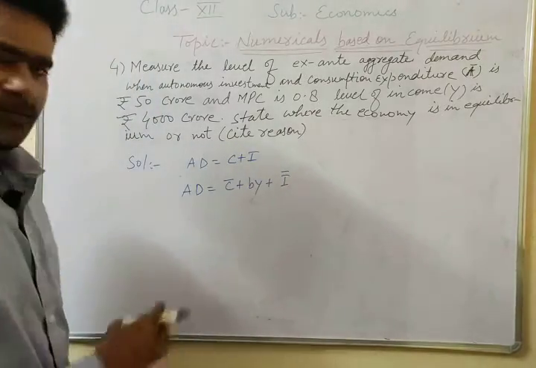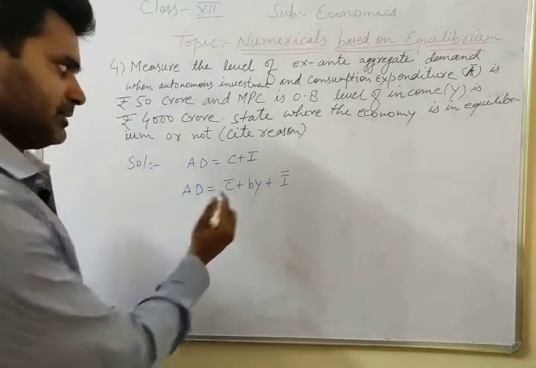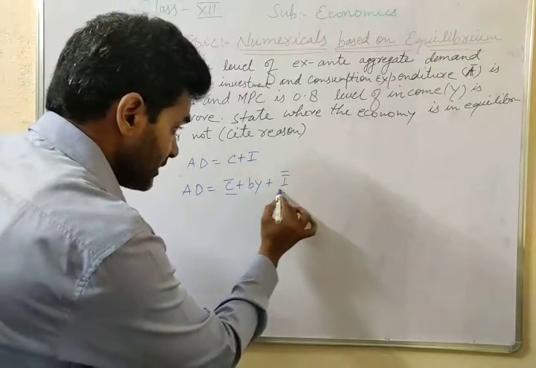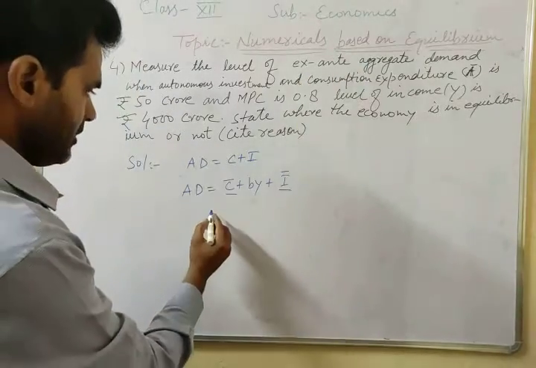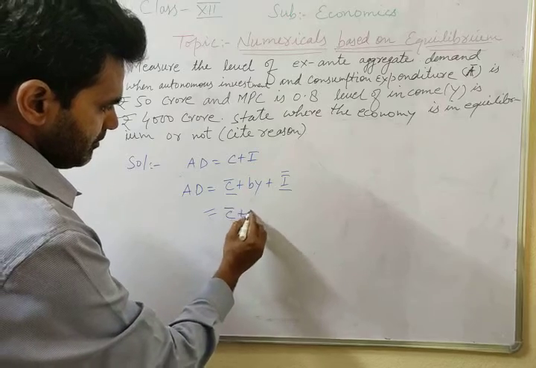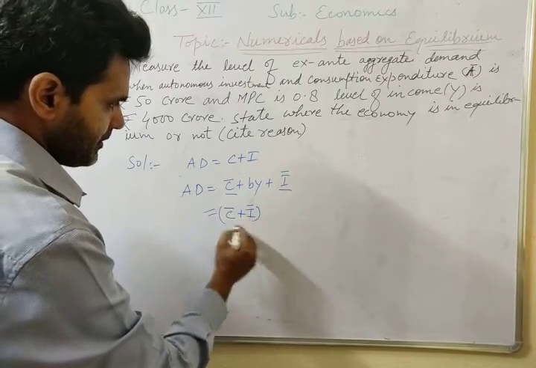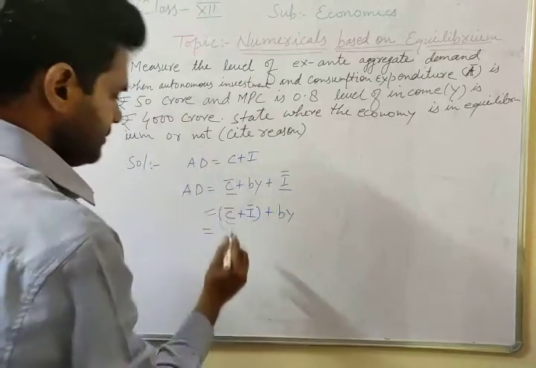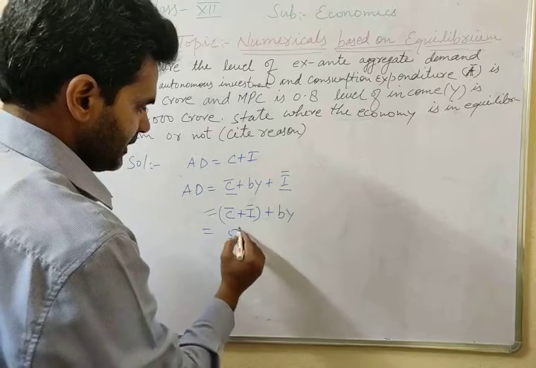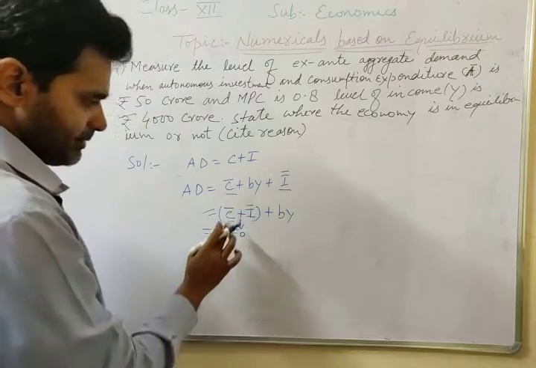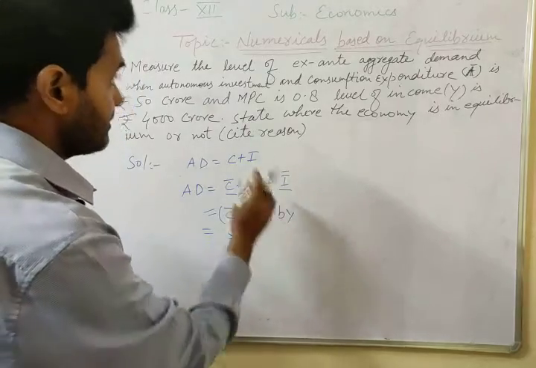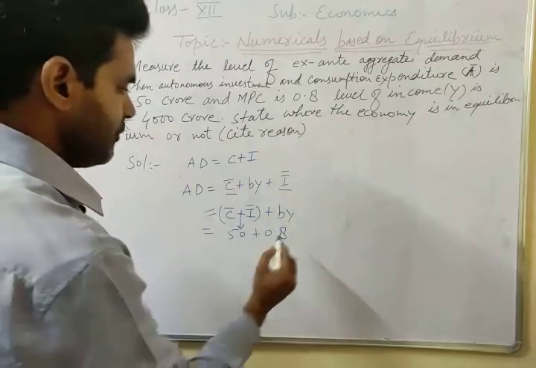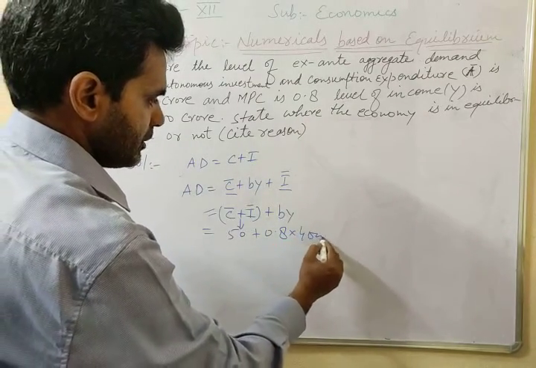We assume that investment is autonomous, and this part of consumption is also autonomous, and these two together become A bar, which is given. So C bar plus I bar plus bY: the 50 is the combination of autonomous expenditure C bar and I bar, and b is also given, that is 0.8, and Y is given 4000.